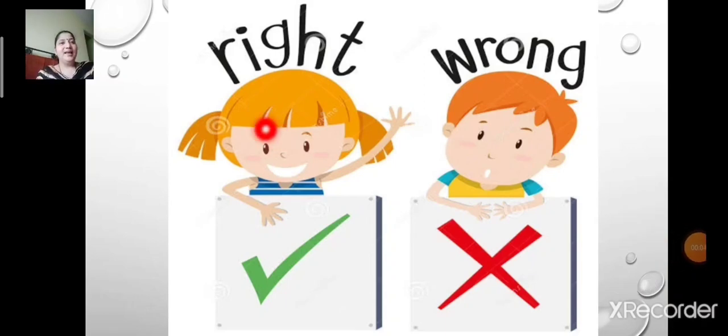This girl has written all right answers, so she has got a tick mark. And this boy has written all wrong answers, so he has got a cross mark. So right and wrong are the words opposite to each other.